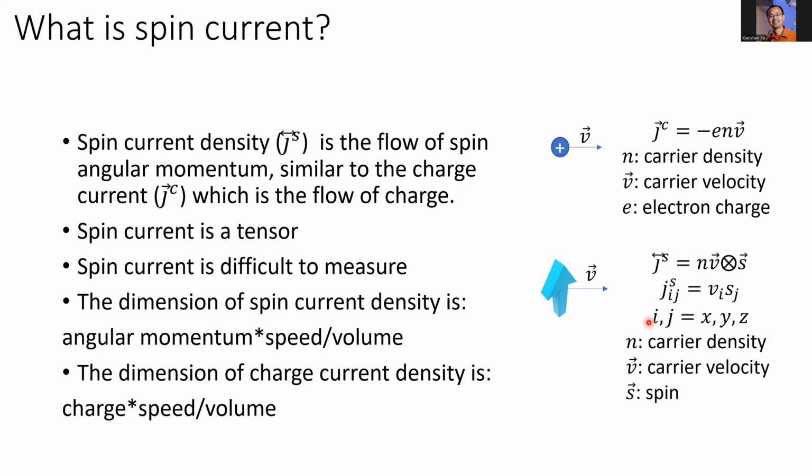Spin current is similar. Spin current is not a flow of charge; it's a flow of spin angular momentum. So we have a density, we have a velocity, but then we have a spin angular momentum. Because spin angular momentum is a vector, that makes spin current sort of like a tensor with two indices.